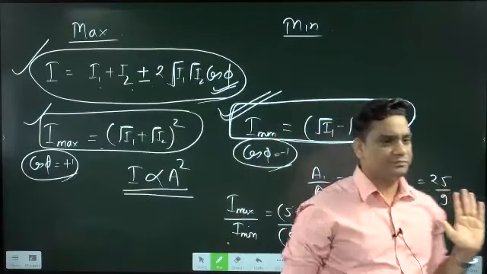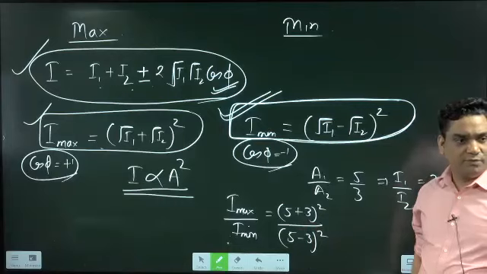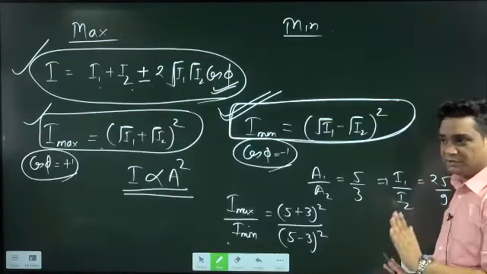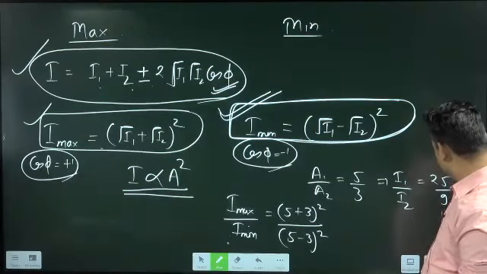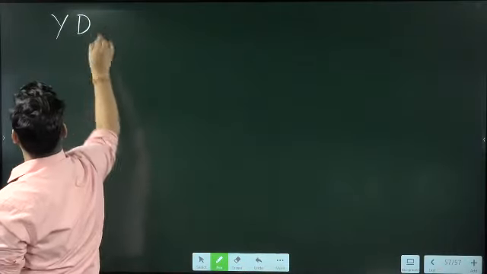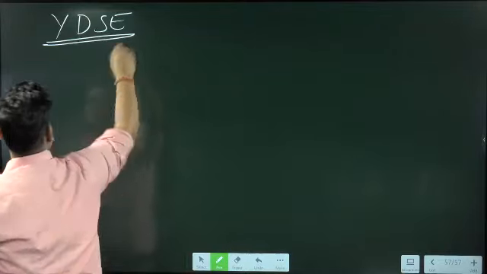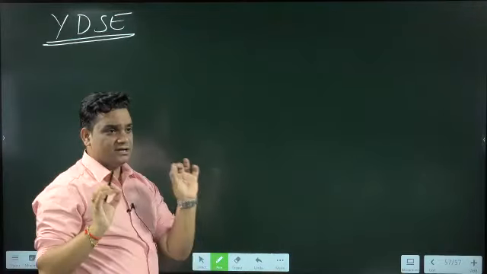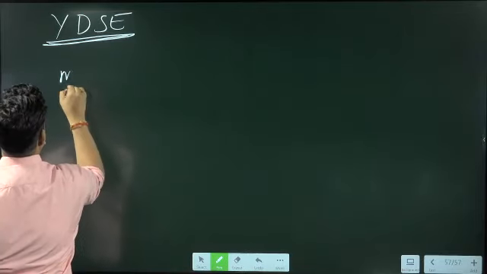Any problem here? Now I will go for the YDSE. So in the YDSE, what you have to remember first: I'm not going to explain all the things. Directly you have to remember the position of maxima and minima.